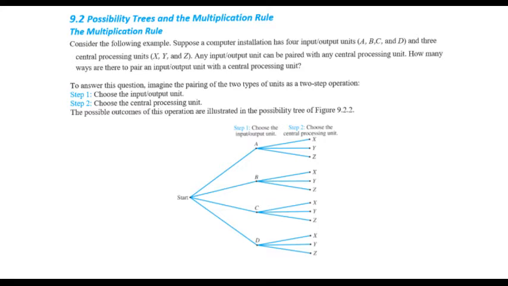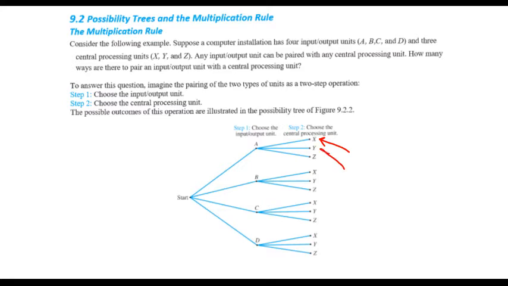So in order to count the total possible combinations of input-output unit and central processing unit, we start from the top of the tree here where we have a combination A and X. So that's one possible combination: A as the input-output unit, and X as the central processing unit.